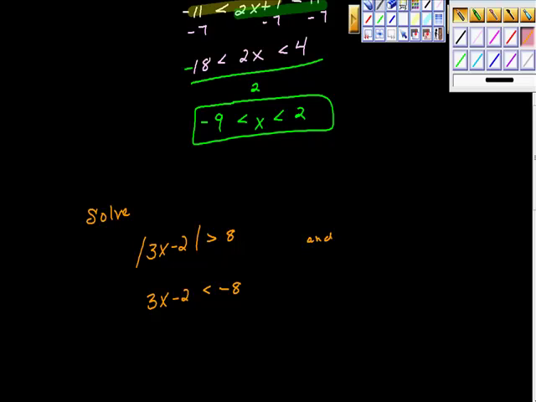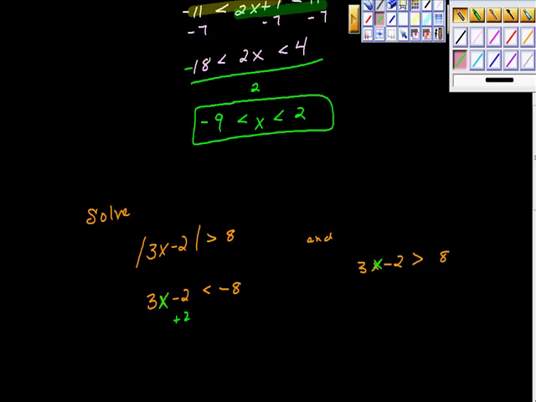And 3x minus 2 is greater than 8, right? That's beyond the left or the right hand side, right? And we just start doing this work. We're going to solve for this x value here. Remember, we're going to solve for x to find out the x value here and the x value here. So how are we going to do that?